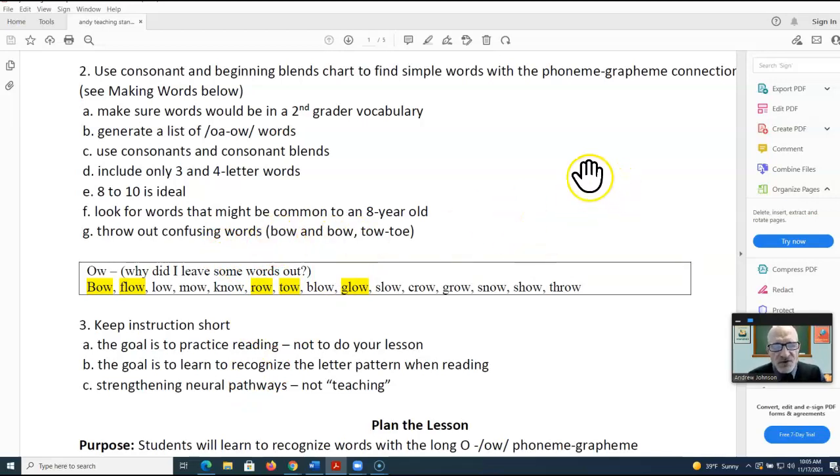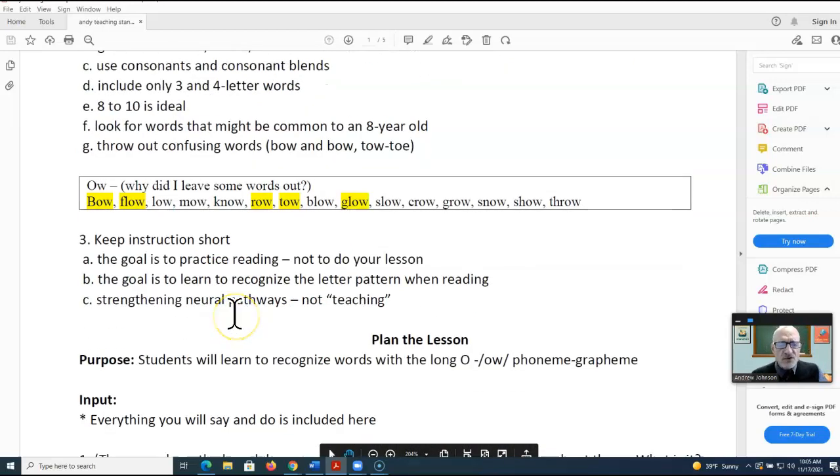That could be a little confusing, and toe, because I just want to focus on the long O, OW, that phoneme-grapheme connection. So I got rid of some words that I didn't think needed to be there.